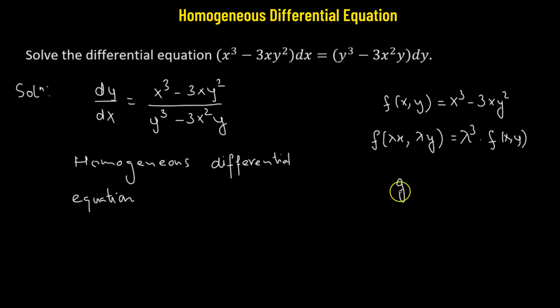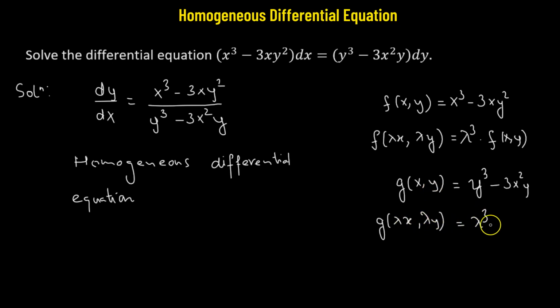Similarly, if we do that for g of x comma y, which is given by the function in the denominator, y cubed minus 3x squared y, and we substitute x with lambda x and y with lambda y, then we'll also obtain lambda cubed times g of x comma y.